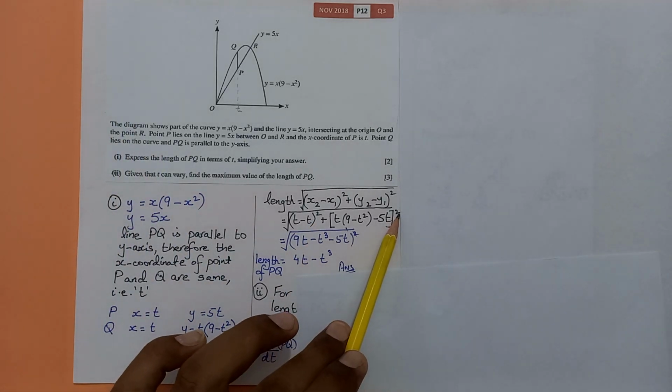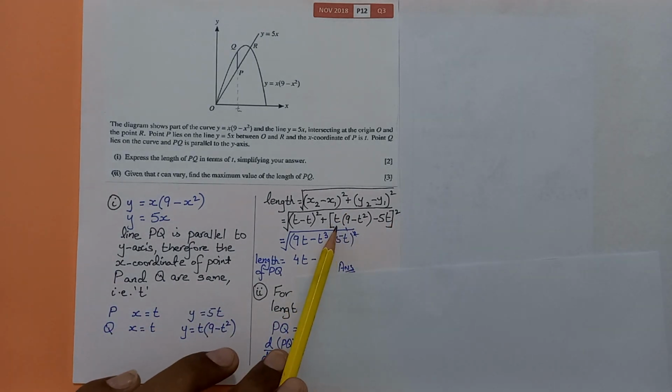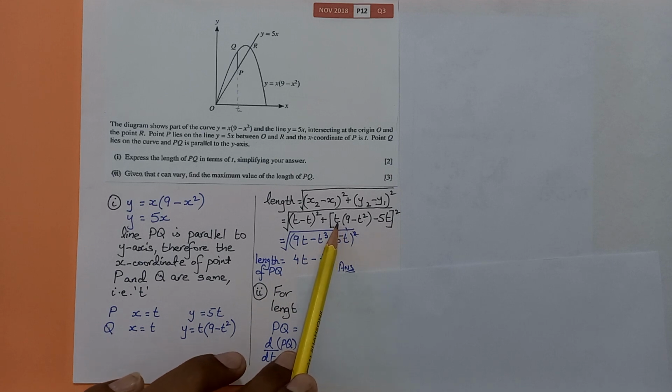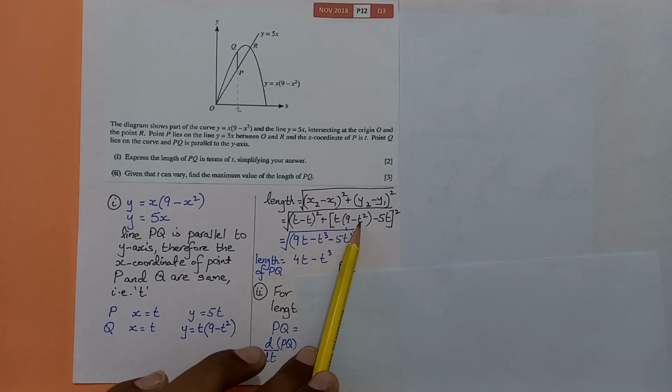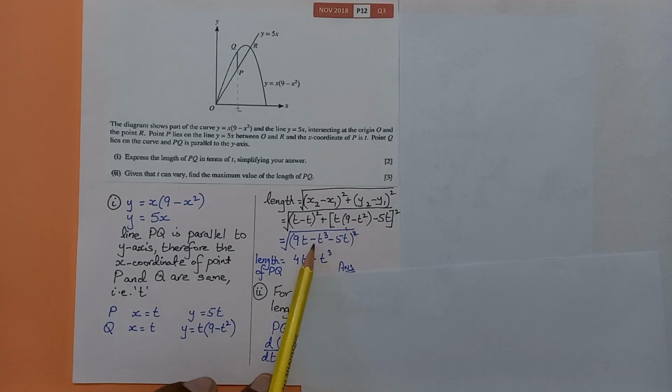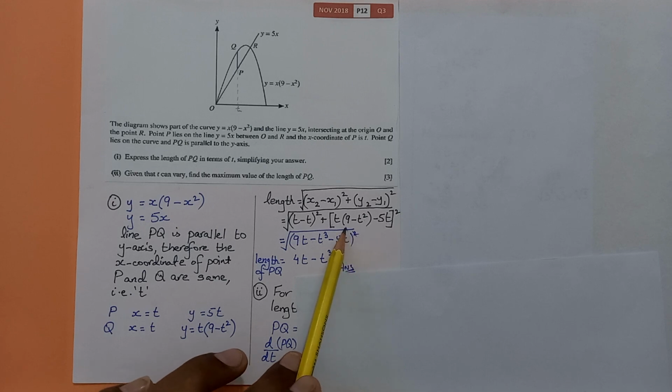The square here cancels with the square root, and we are left with whatever is inside the bracket: t multiplied by 9 is 9t, and t multiplied by t squared is t cubed with a negative sign, and then minus 5t.